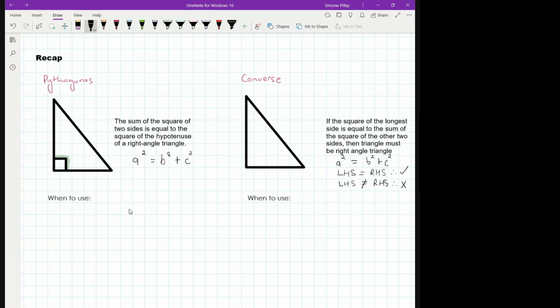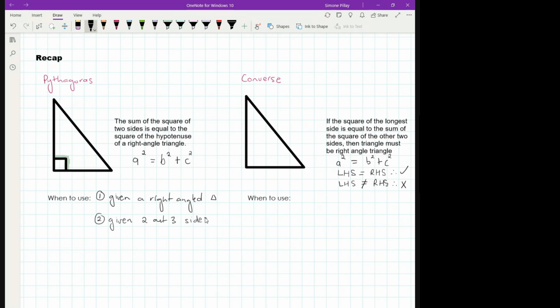Now, if we look at when we use each one of these theorems, the first thing we spoke about was, when we're using the normal Pythagoras theorem, first things first, you have to be given a right angled triangle. The second thing is you must be given 2 out of 3 sides.